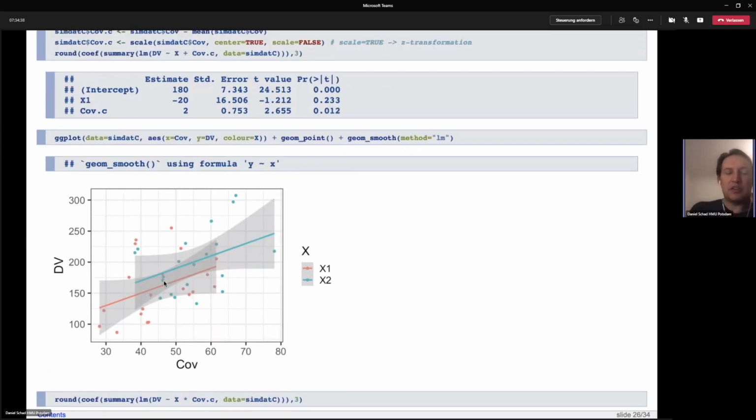This is the diagram that shows the pattern of data. We can see that the green points are higher than the red points. That's what the t-test told us. But we can also see that this is plotted the dependent variable as a function of the covariate. We can see that overall with the covariate, there's an increase in IQ, increase in the performance on the task with higher IQ.